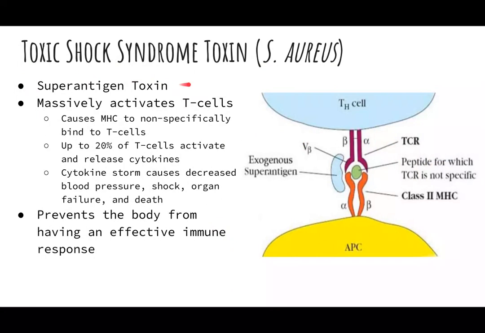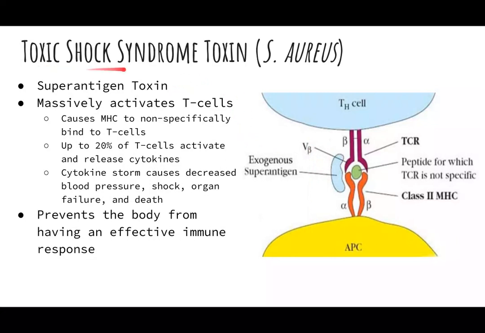What it does is it causes a massive, non-specific activation of immune cells called T cells. So during a normal immune response, only certain T cells get activated. Less than 1% of your T cells become active.